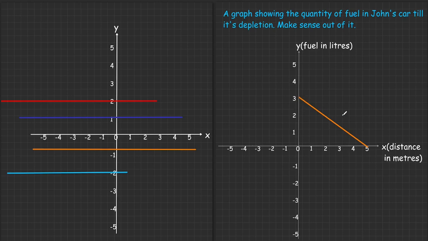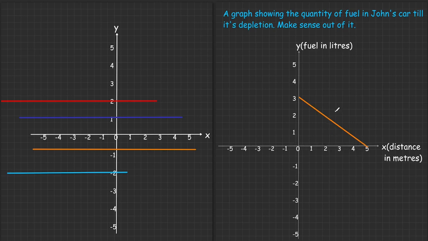But then as he drove at a distance of 1 meter, we can see the corresponding amount that has gone off. So it continued depleting till he drove for 5 meters. And at 5 meters, which is our x-intercept, the coordinate of y was what? 0.